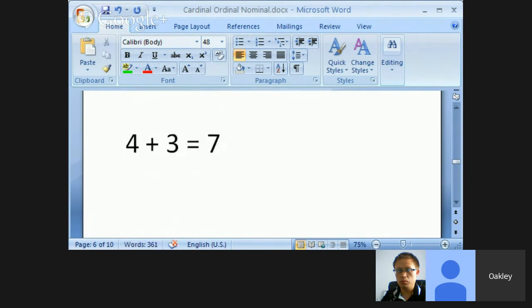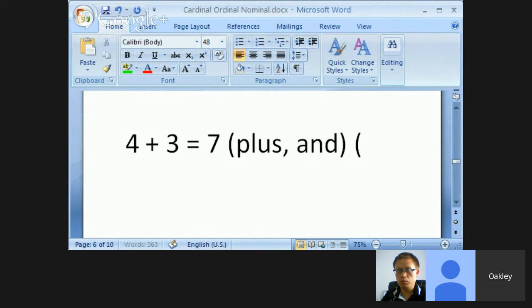Okay. Zingyo, how about this equation? How are we going to talk about this? 4 plus 3. 4 plus 3 is 7. Okay. 4 plus 3, or sometimes we just simply say 4 and 3.